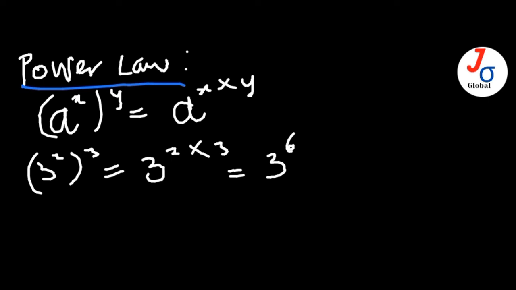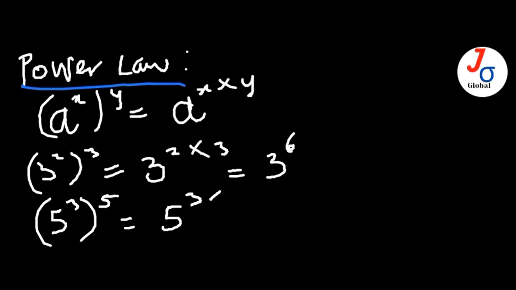Or what about 5 raised to the power of 3, all raised to the power of 5? That will be 5 to the power of 3 multiplied by 5, and that will give us 5 to the power of 15, 3 times 5. So that's the power law, basically.